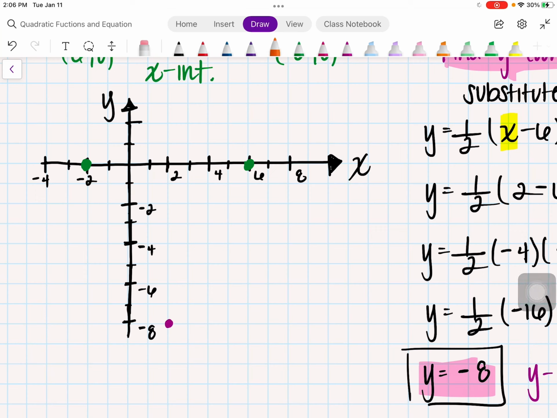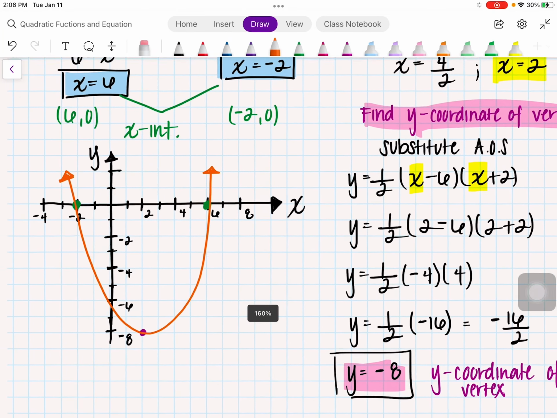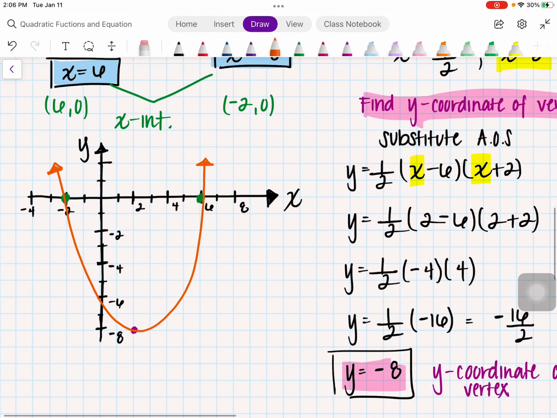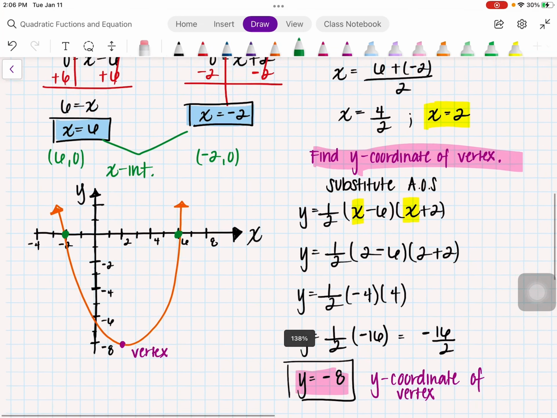Let me just go ahead and connect. And that is our problem. All right, so that is our answer there, guys. Once again, graphing it, this is my vertex. And then we have our x-intercepts here.